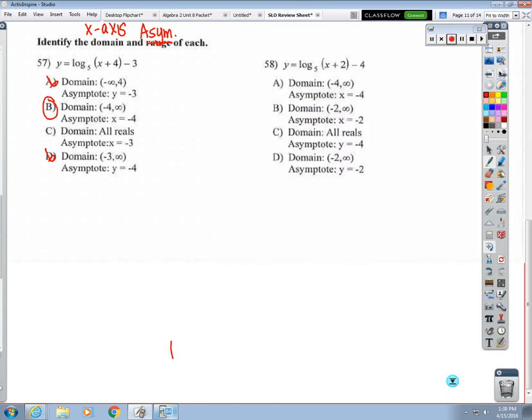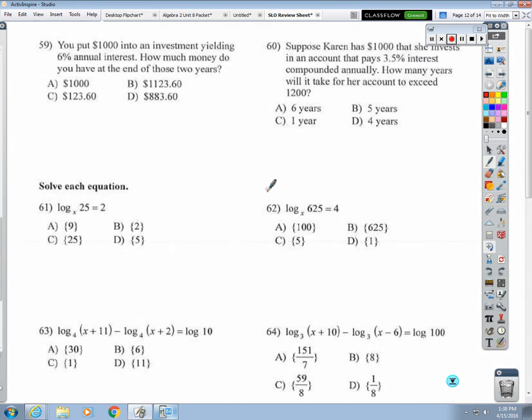Okay, moving on, 59. You put $1,000 into an investment yielding 6% annual interest. How much money do you have at the end of those 2 years? Well, the formula for this is A equals the principal amount times 1 plus or minus R raised to the t power.